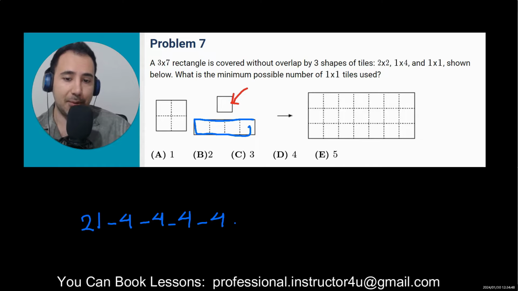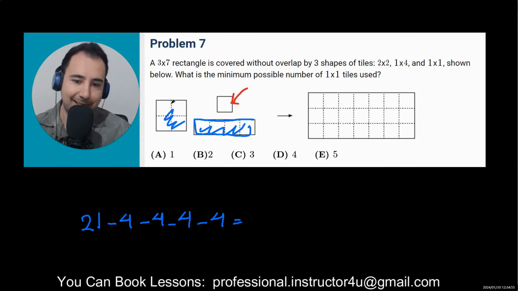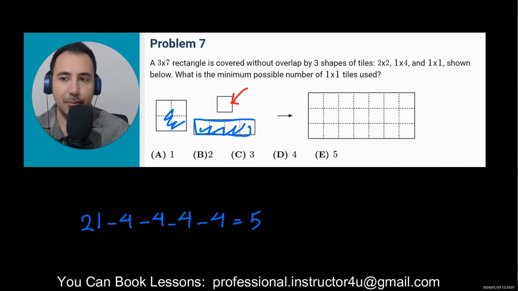So 5 will be a possible answer to the question, right? Because remember, I could use either of these shapes and all of them take 4 squares. So every time, okay, minus another 4. And then if I continue, put another one here, it would be 5 minus 4, 1. So what does that mean?